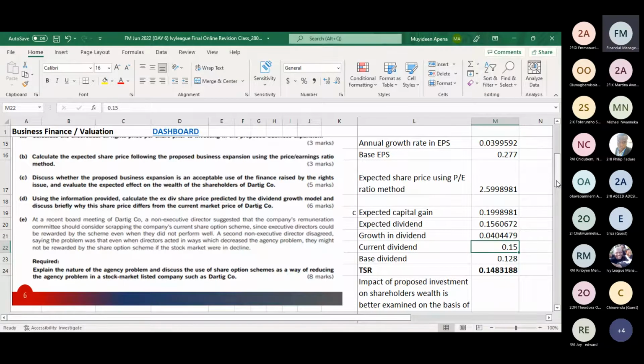There's no way you will write that. Evaluate is a combination of calculation and discussion. You will support your discussion with figures, because whenever you are evaluating, most times it comes with cost benefits in a way. What are we gaining? Let me put it that way. That's how you can evaluate, to say this makes sense, justify it. So you must come with facts and figures. Do you understand? Whenever you're evaluating.